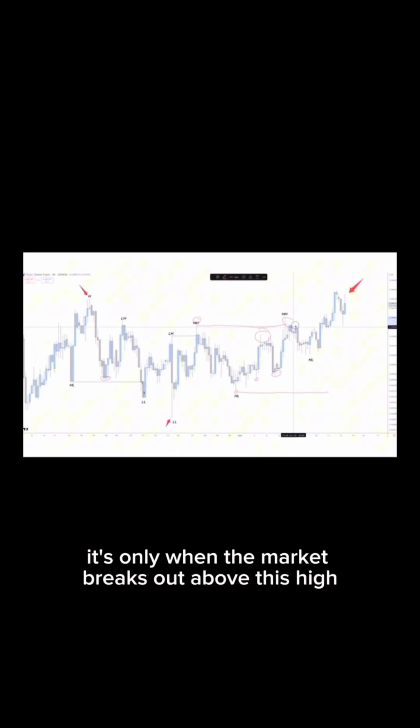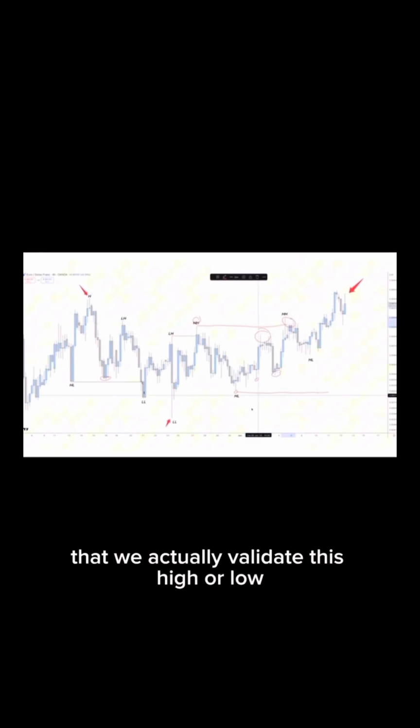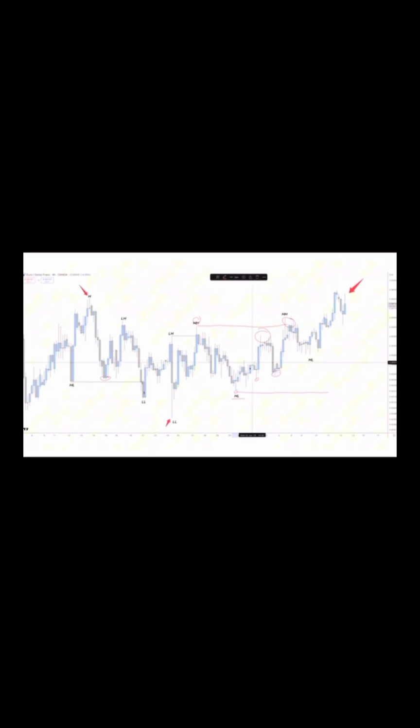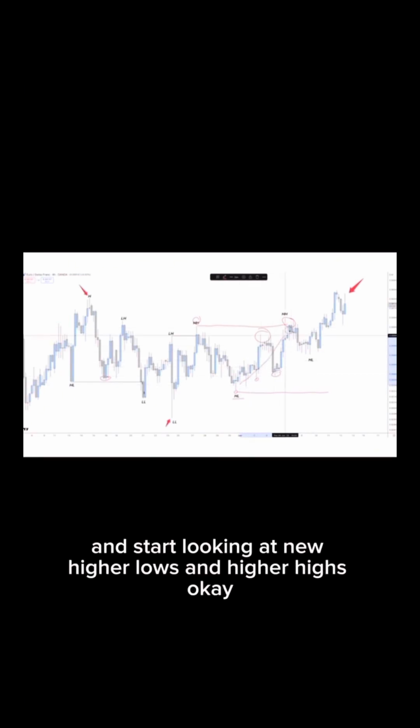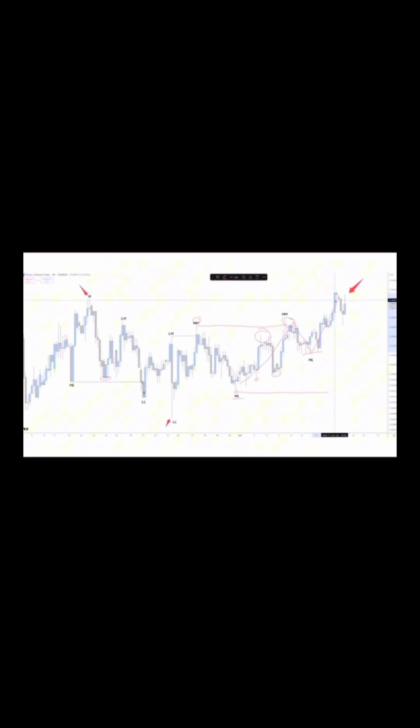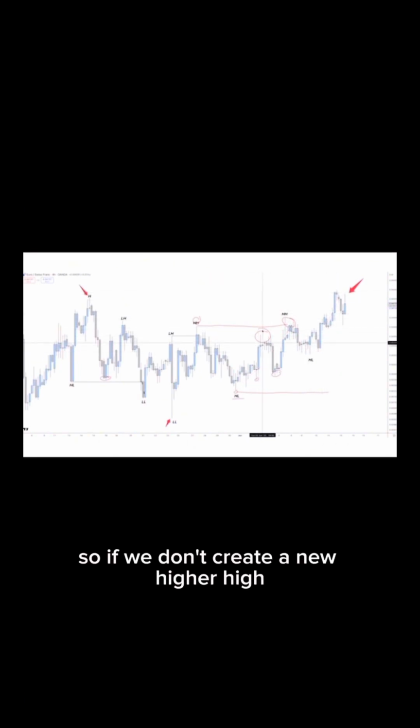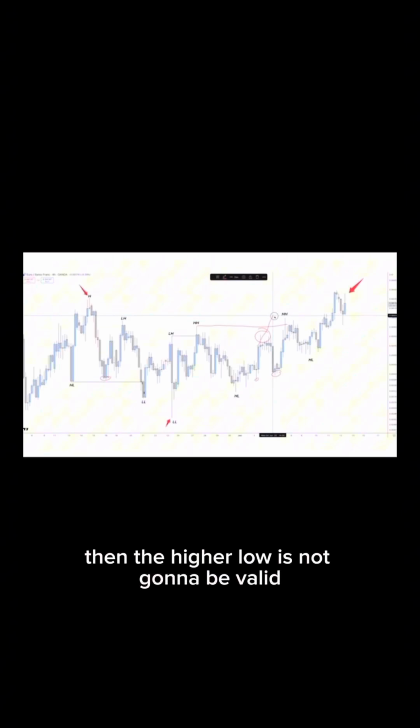It's only when the market breaks out above this high that we actually validate this high or low and start looking at new higher lows and higher highs. So if we don't create a new higher high, then the higher low is not going to be valid.